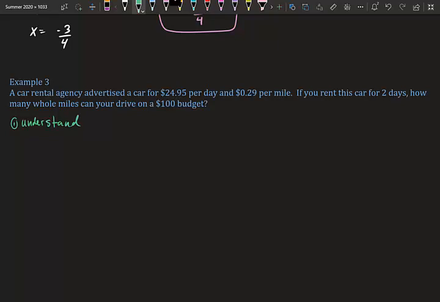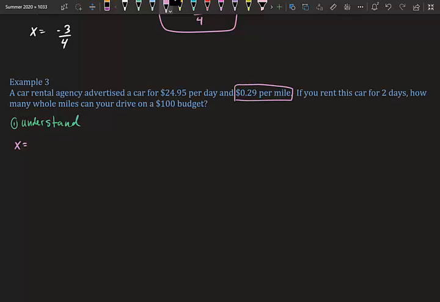So understand, we want to figure out variables. How many things are we actually talking about? A car rental agency advertised a car for $24.95 per day and $0.29 per mile. See how those are 2 different quantities? So we have 2 different variables. We usually just use x and y. So x represents the number of miles driven.